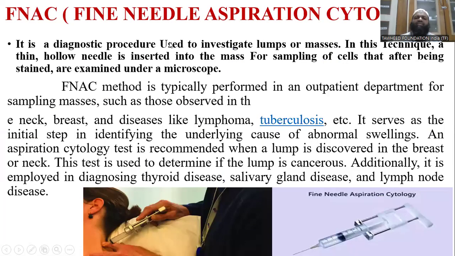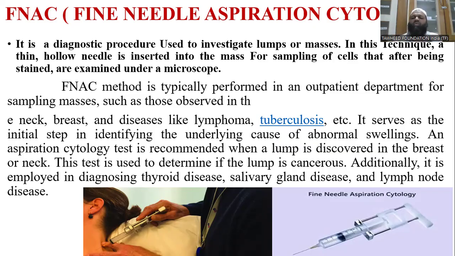Next is fine needle aspiration cytology. What is fine needle aspiration cytology? A needle is inserted into a particular lump or swelling so that we can collect some sample, a specimen. That specimen is tested using some stains.